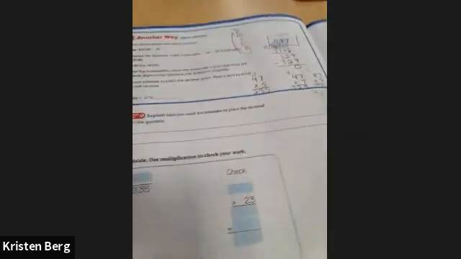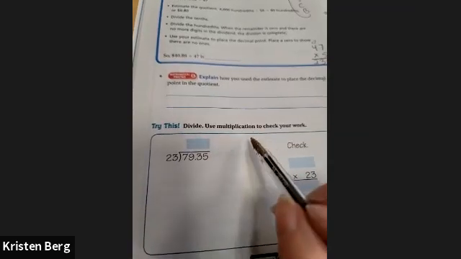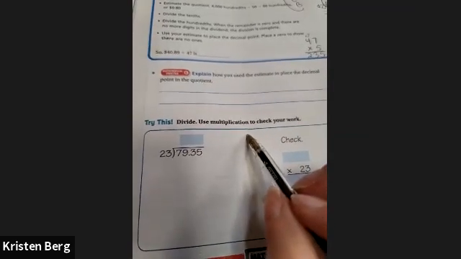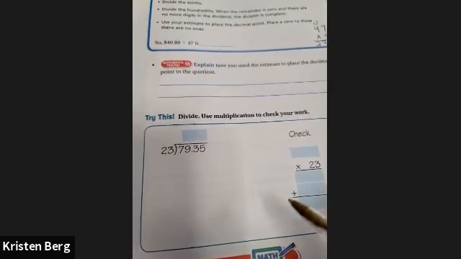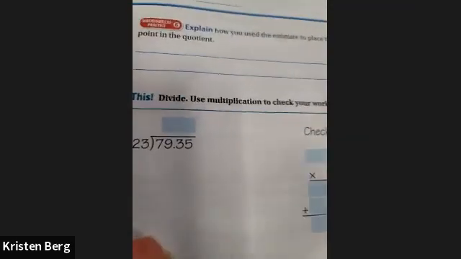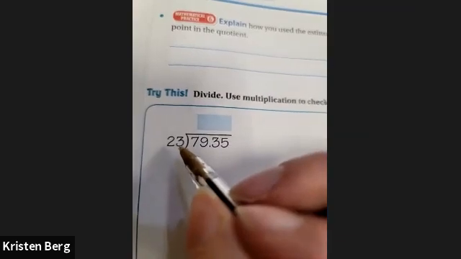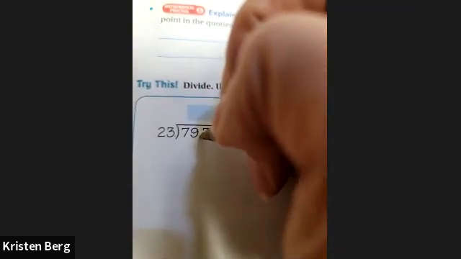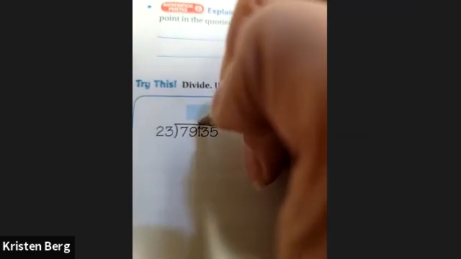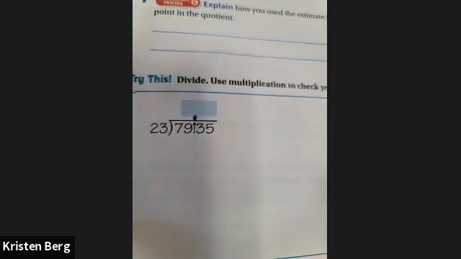Okay, so now I'm going to skip on down here. It says divide and then use multiplication to check your work. We are going to do this because it is very important that you guys know how to do this as well. So first of all, is 23 a whole number? Yes, because that decimal is at the end. So since it's a whole number, I'm going to move it on up where it is into the problem.